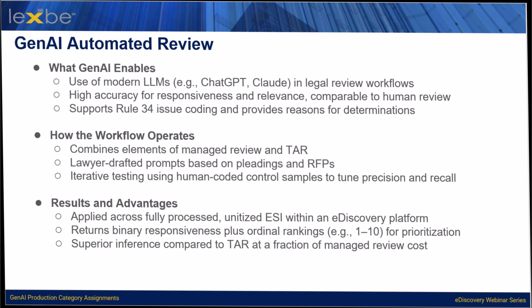As this is done inside an eDiscovery platform, the documents have been unitized. In that process, electronic files have been separated into their most specific document elements. For example, zip and other archive files are decompressed.